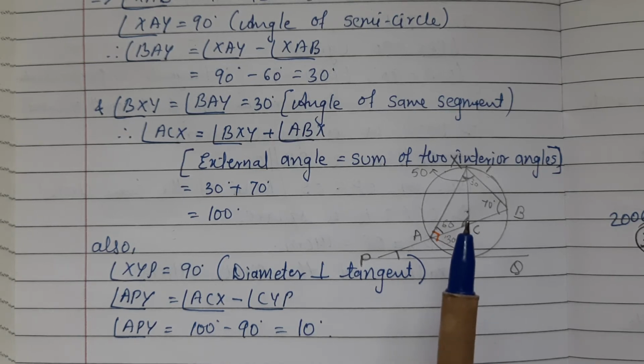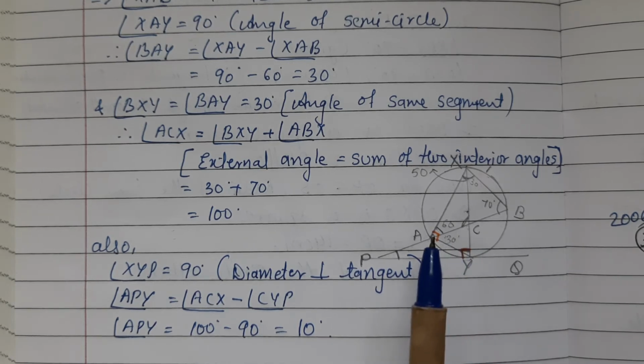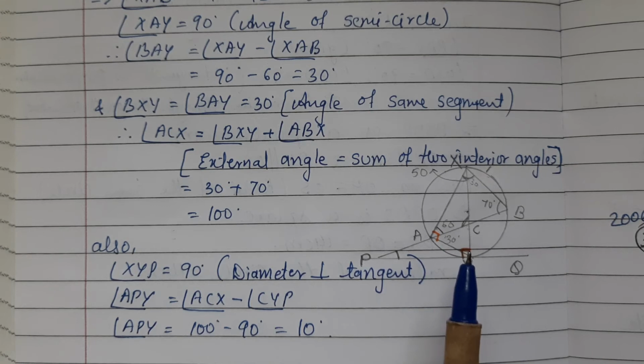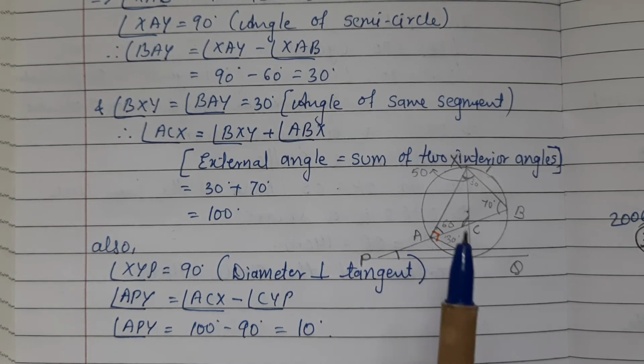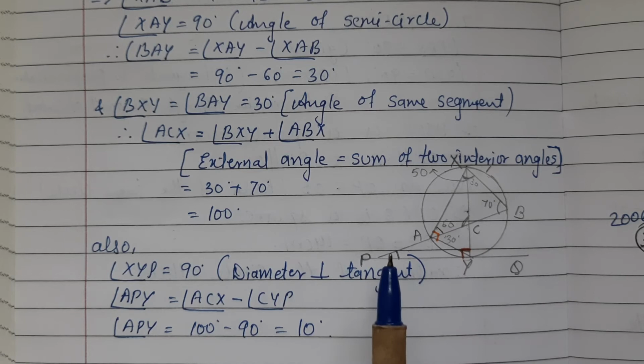Also, angle XYP is equal to 90 degree because diameter is perpendicular to the tangent. Therefore, angle APY is equal to angle ACX minus angle CYP, which is equal to 100 minus 90 equal to 10 degree. External angle is equal to sum of two interior angles.